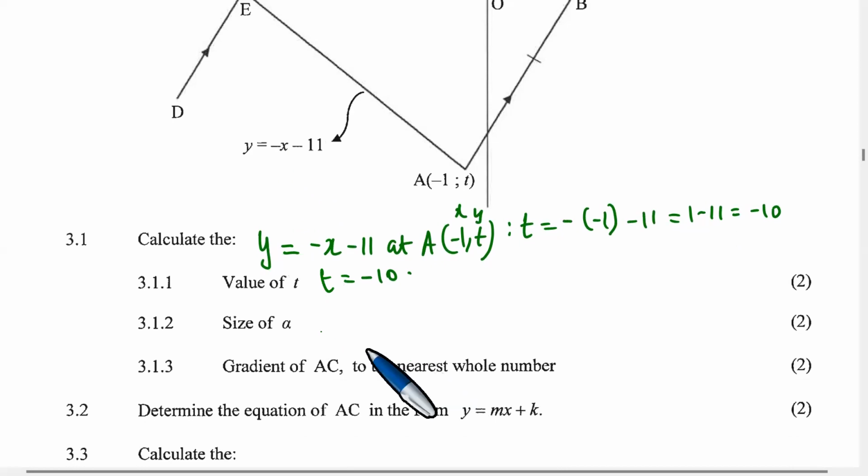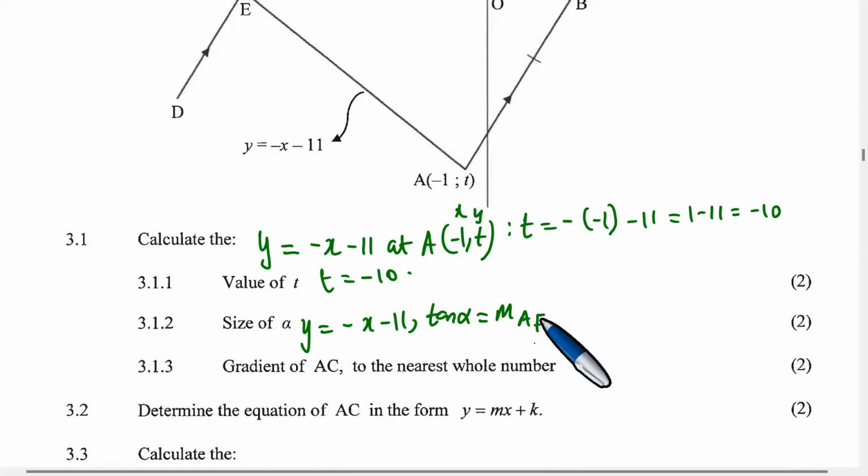So you start as follows and say you have that y = -x - 11. And then you have the tangent of alpha, which is the gradient of the line. What is the gradient of the line AF? That is the formula we're going to use, so that we have tan alpha. The gradient is -1, like this.